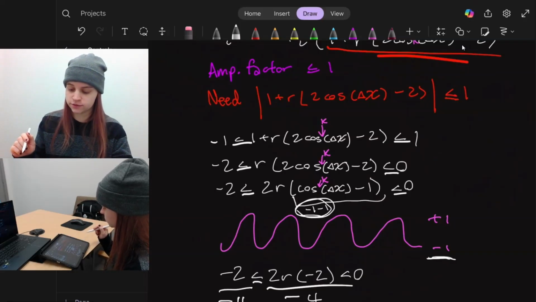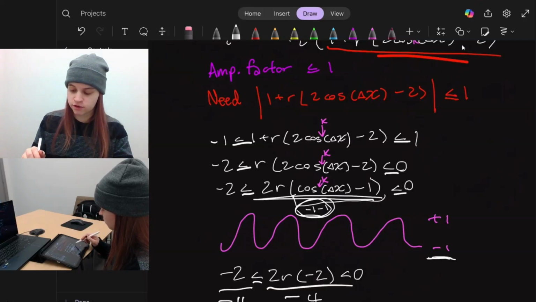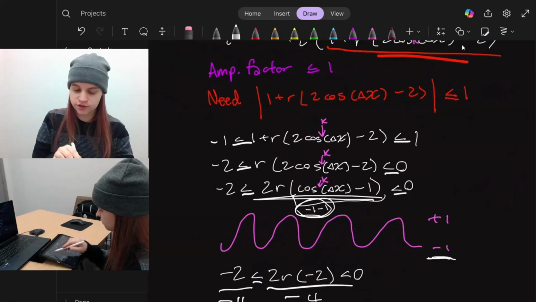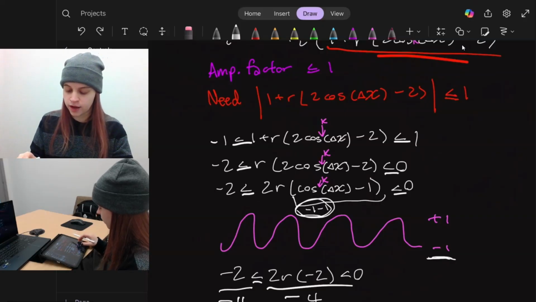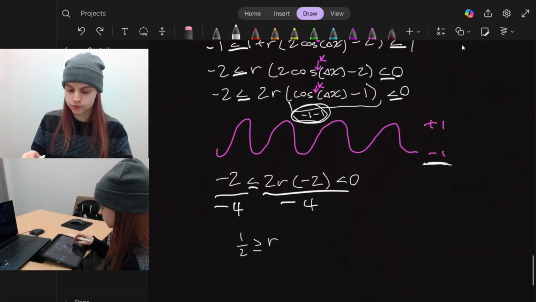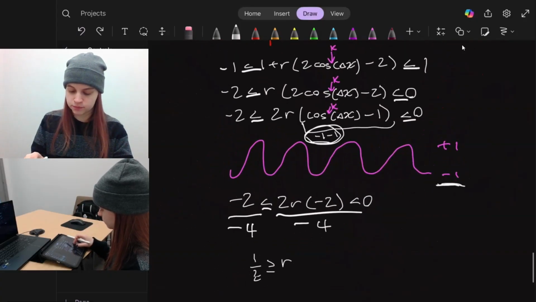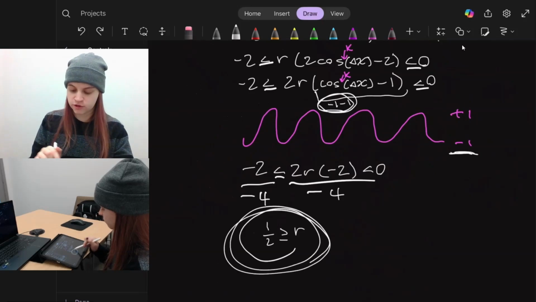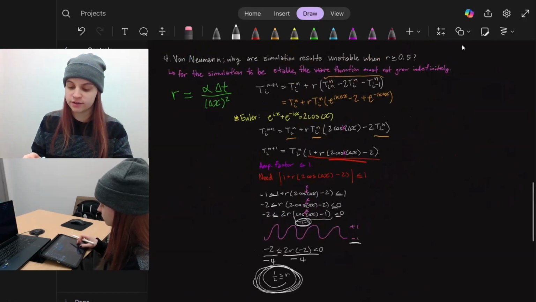If this is +1, then we would have 0 in the center. 0 is always going to be equal to 0, so we would not have a problem there. But when this cosine value is at its minimum, that is why r must be less than or equal to 0.5.